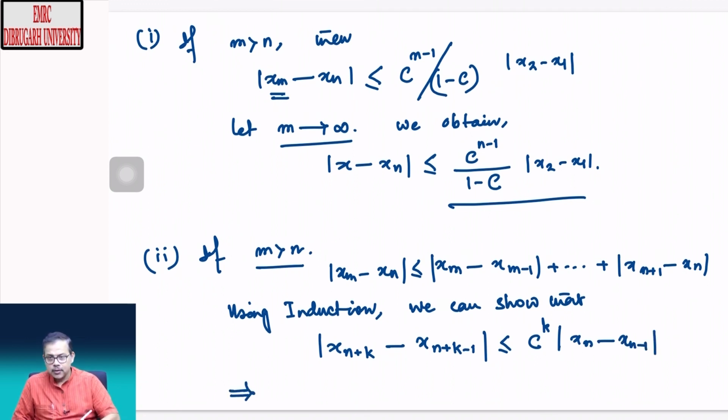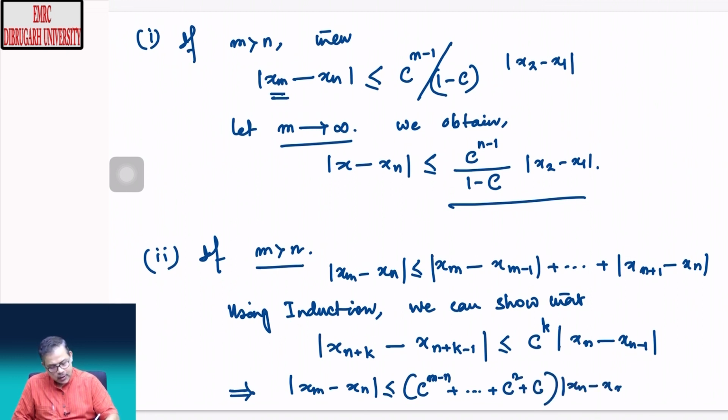It follows that |x_m - x_n| is less than or equal to C^{m-n} plus and finally C² plus C times |x_n - x_{n-1}|. But this is nothing but a GP, and therefore the sum of this GP is C/(1 - C), and it is multiplied with |x_2 - x_1|.